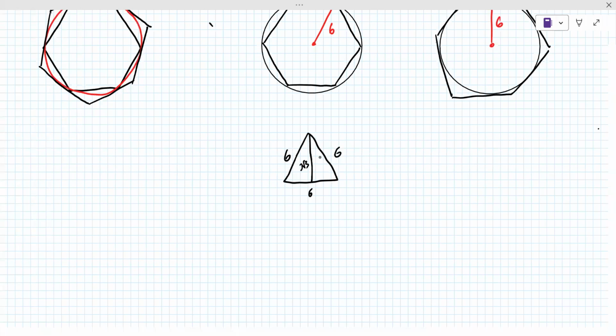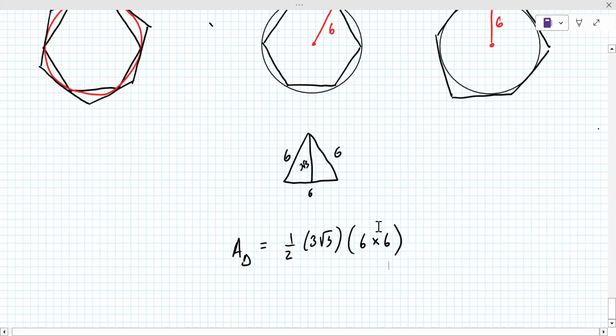So now the area of this hexagon is 1/2 the apothem, 3 square root 3 times 6 times 6. Okay. And I know that the traditional course of action here would be to simplify this, but you don't need to. We're going to cancel out some stuff. So we'll do that later.